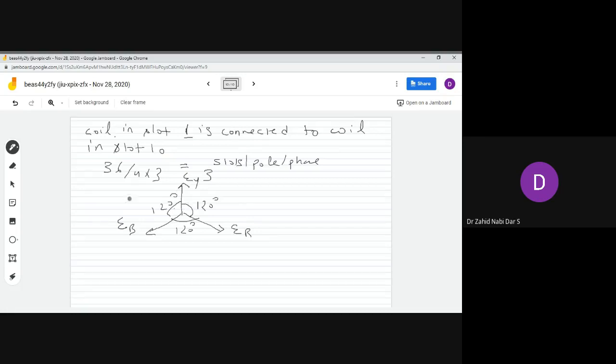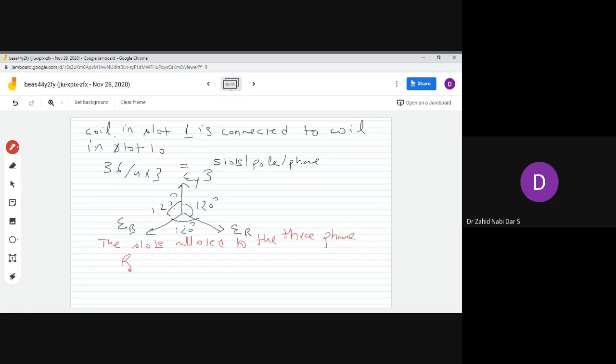So if you have to draw the winding diagram, let's draw the winding details, the slots allotted to the three phases.